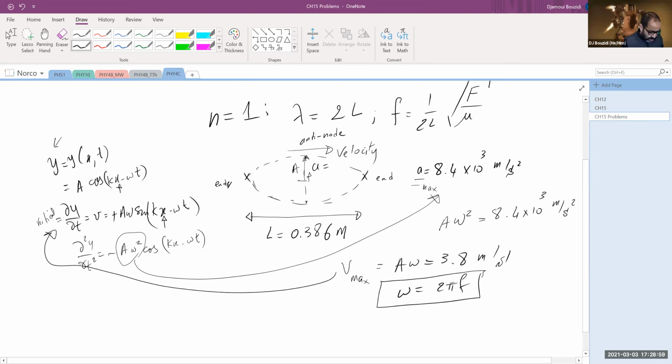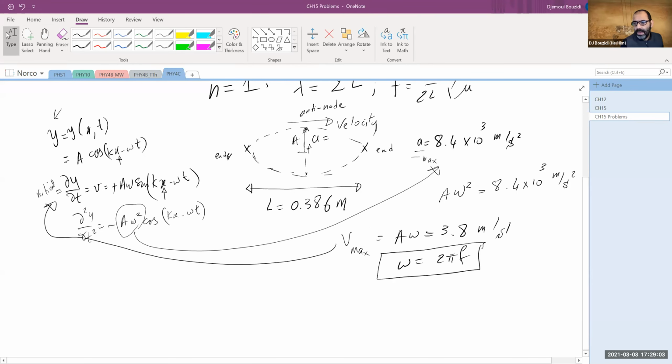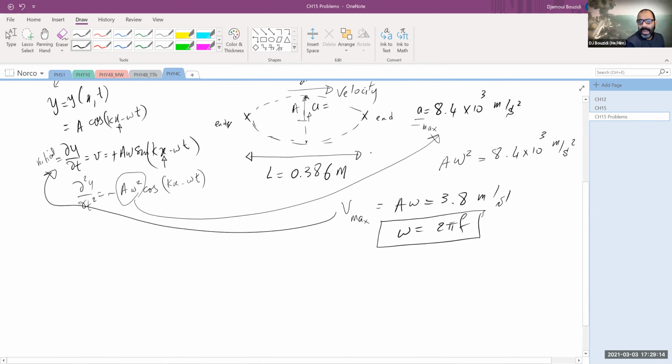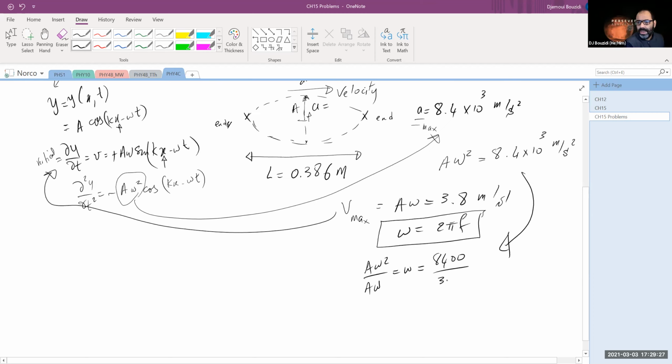So what is the amplitude of this wave? Oh, then it's easy. We have to find somehow one of these two numbers, or A omega is 3.8. So again, I'm going to find omega from this ratio. A omega squared over A omega, which is exactly omega, is equal to 8,400 divided by 3.8.